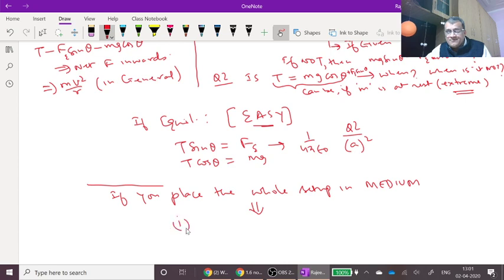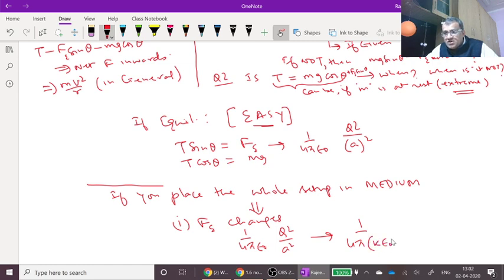First thing is, Fe changes. Then it becomes a good question. How does Fe change? Instead of 1 upon 4 pi epsilon naught Q square upon A square, wherever you have epsilon naught, you multiply epsilon naught by k, which is an electrical property of this medium called the dielectric constant.